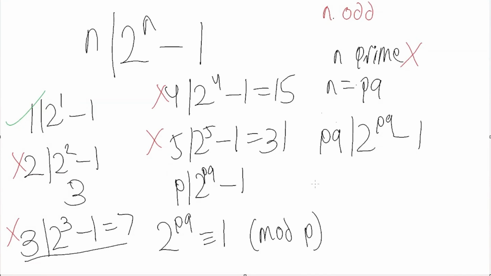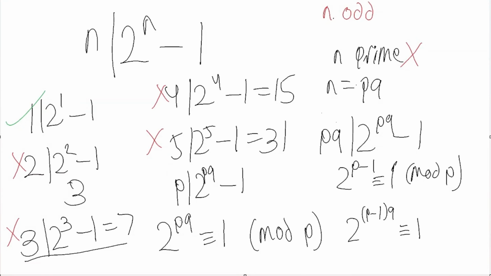If we try taking out the factor of 2 to the p minus 1, noting that this is equivalent to 1 mod p, if we take out all the factors we can actually just eliminate the factor of p here entirely, because 2 to the p minus 1 to the q is equivalent to 1. And when we divide these two, we end up subtracting the exponents. So 2 to the q is equivalent to 1 mod p.